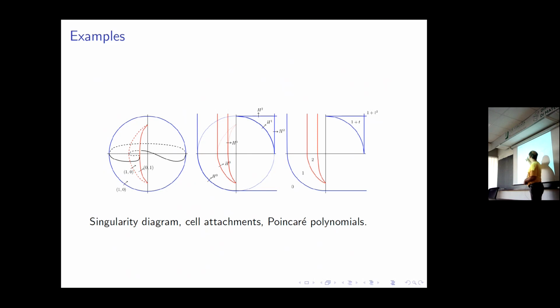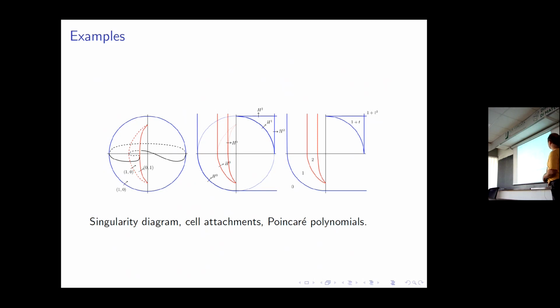Then, when you pass through here, this is an outward tangency. So you get this vertical line attached, and these are the inward tangencies, and you get these vertical lines attached, but they create this sort of fishtail shape.